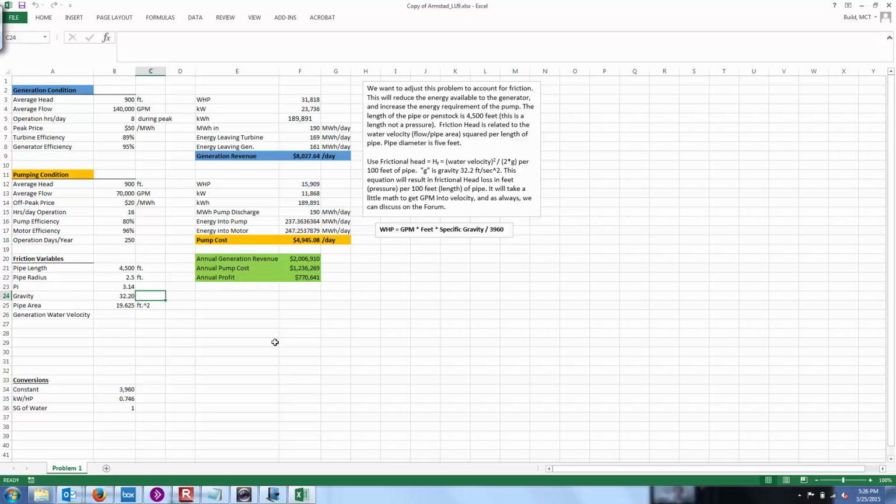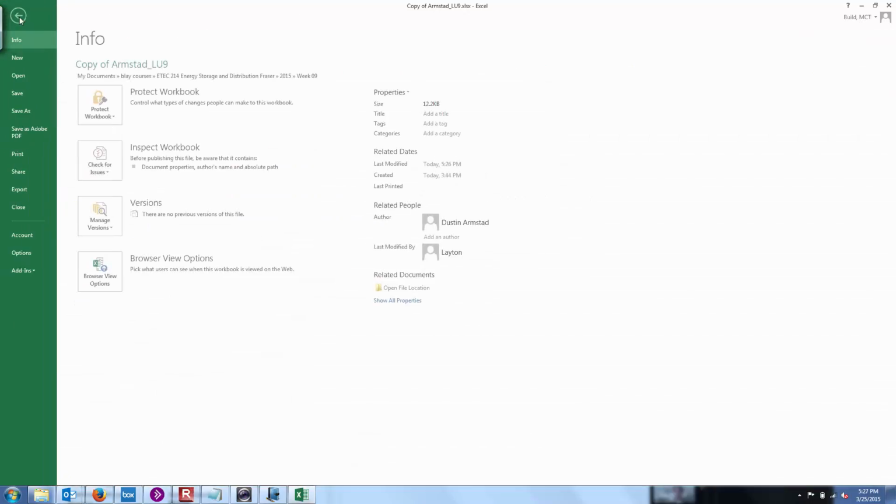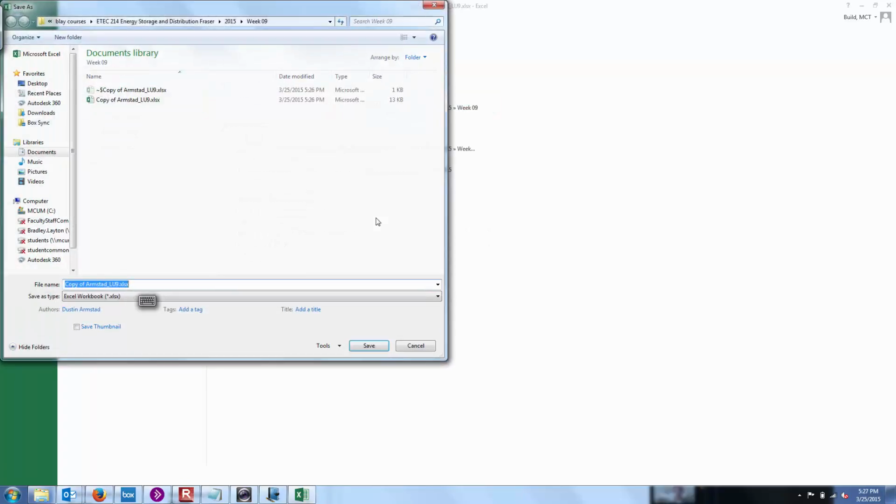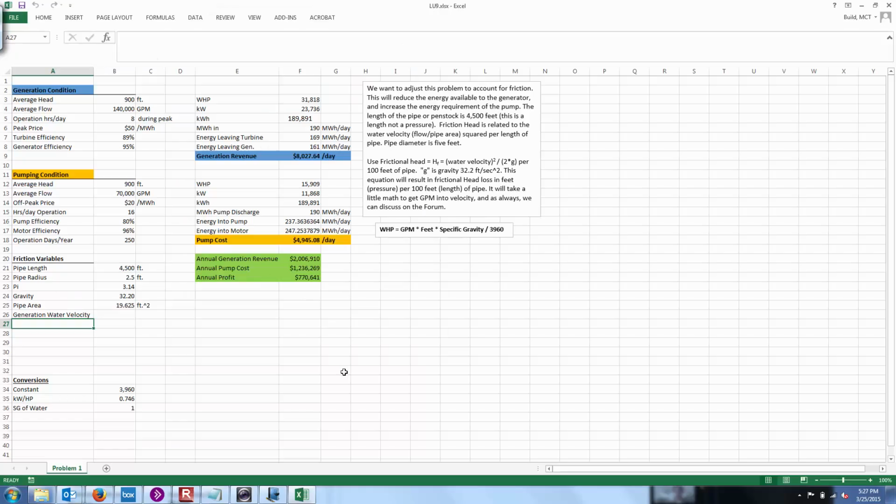Just the friction variables. Right here, okay: pipe length, pipe radius, pi, gravity, pipe area, generation water velocity. Okay, great, thanks. File, save as, week 9. Okay, I'm just going to call it learning unit 9.